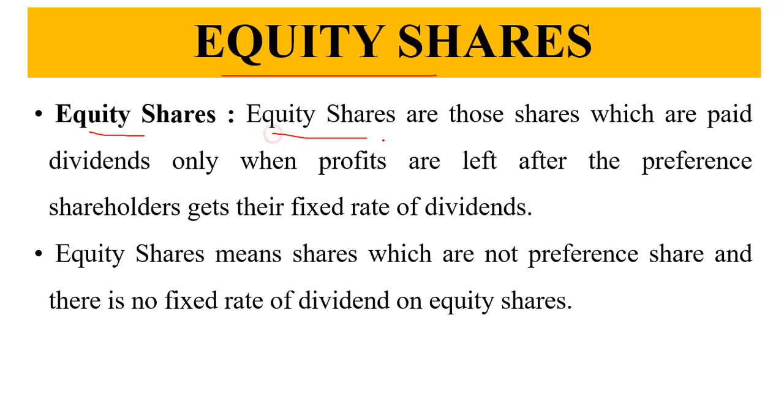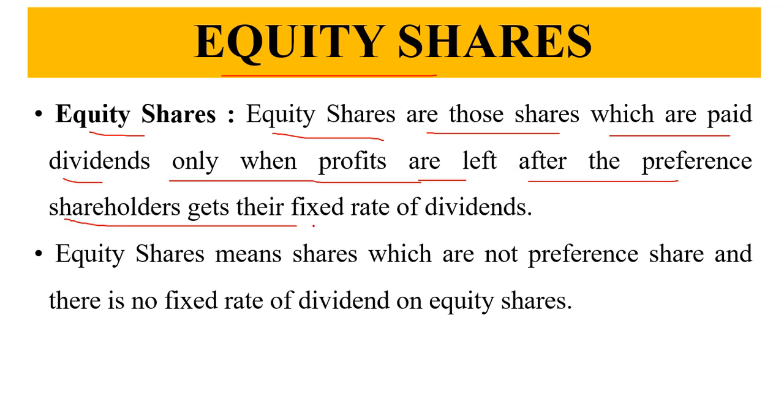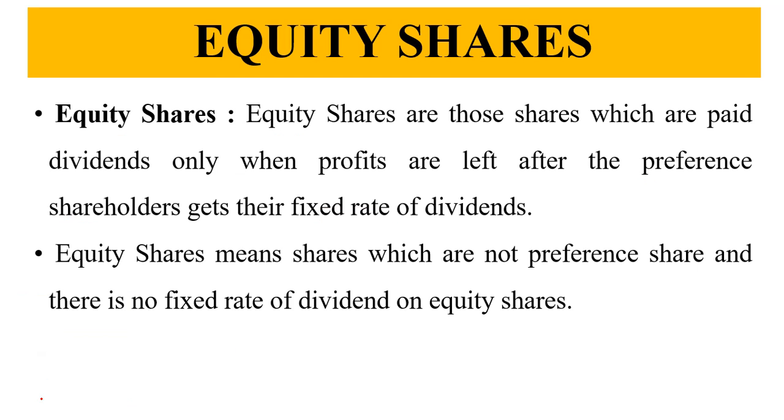Equity shares are those shares which are paid dividend only when profit is left after the preference shareholders get their fixed rate of dividend. So equity shareholders are the true owners of the company, and equity shares are also called ordinary shares.